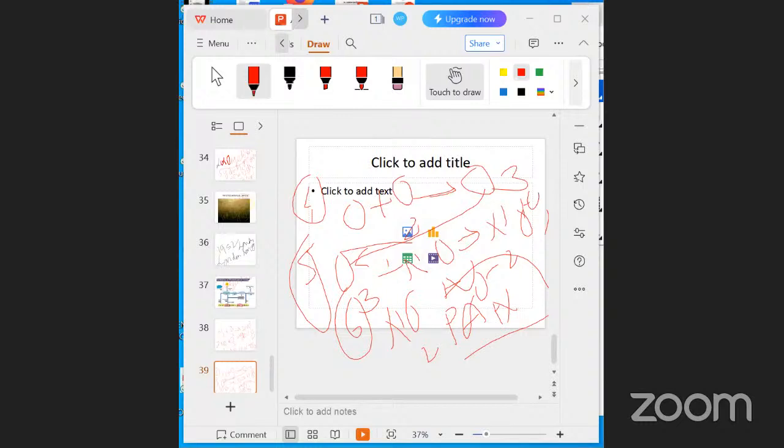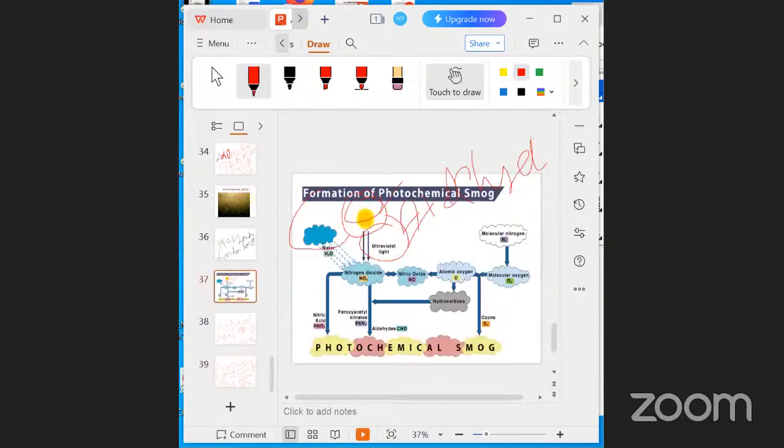Now, why is this photochemical smog bad? What are its harmful effects? On human health, first of all, it causes irreversible damage to the lungs and heart, causing emphysema, bronchitis, and asthma.